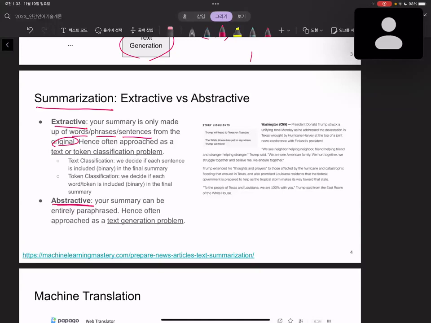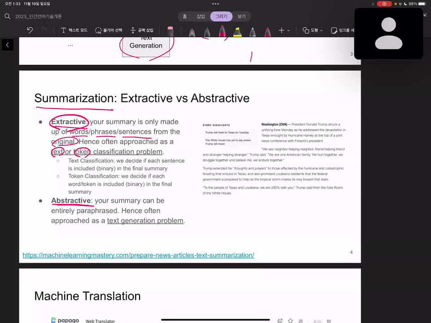This extractive summarization can be done as a text or token classification problem, because we do not need to generate any new tokens or sentences.